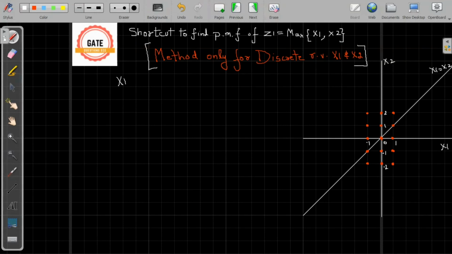It's given that x1 is uniformly distributed over -1 to 1 and x2 is uniformly distributed over -2 to 2.